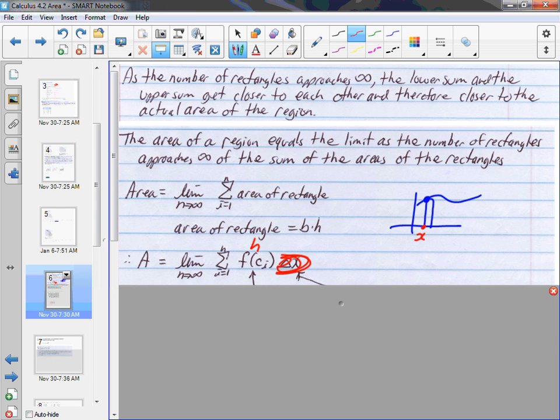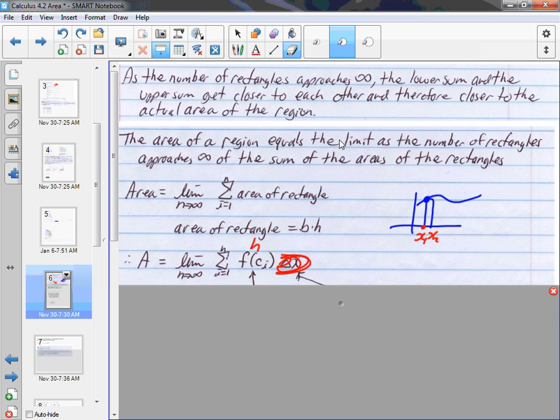So that's the height. And then the base, like we talked about a while ago, is the difference. If I call those x2 and x1, it's just x2 minus x1. It's delta x, isn't it? We've called it delta x, we've called it dx. It's always meant the difference between two x coordinates. That difference is the width of the base of that rectangle, correct?